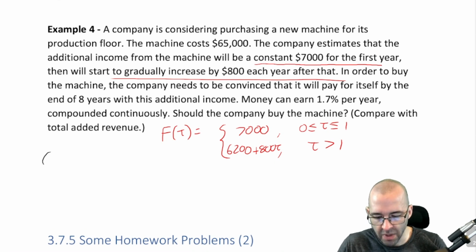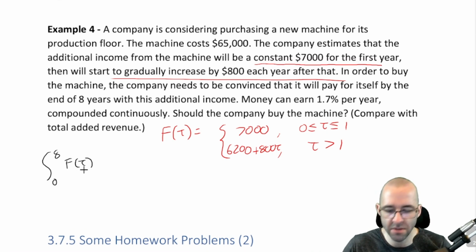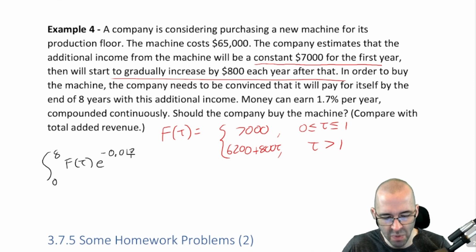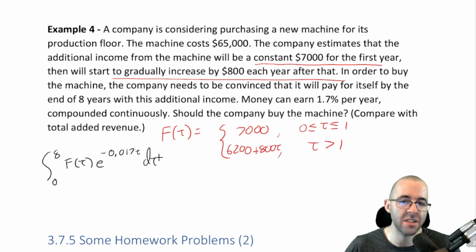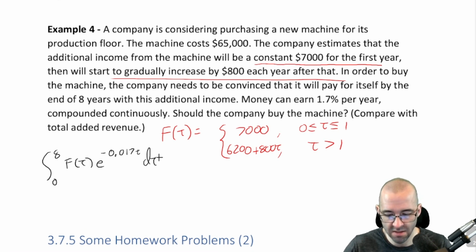So we got the integral from 0 to 8 of f of t, which is a piecewise function, times e to the negative r. They don't have such a great interest rate here. 1.7%, ugh, times t. And we just need to plug this in. How do you use piecewise functions for integrals? Well, you just break up the integrals into pieces.